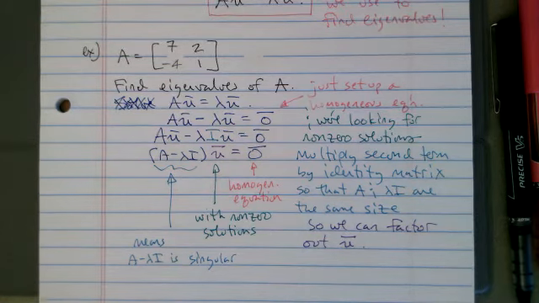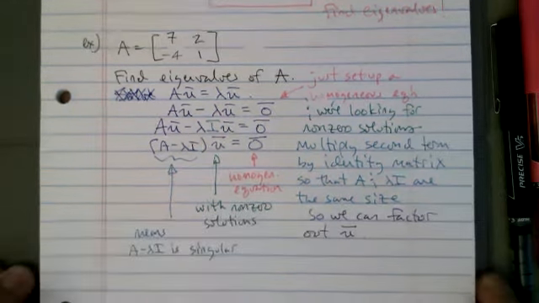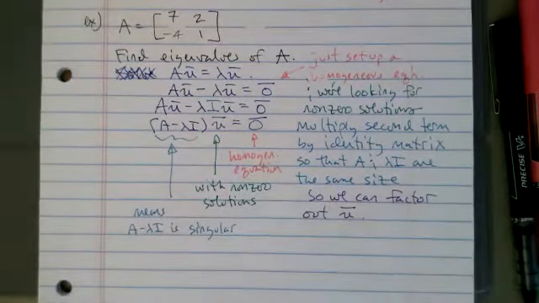So we've characterized the matrix A minus lambda I as singular. And what that means is the only part from chapter 3 that we need. If A minus lambda I is singular, what does that tell us? If A minus lambda I is not invertible, what do we know about this matrix from chapter 3?